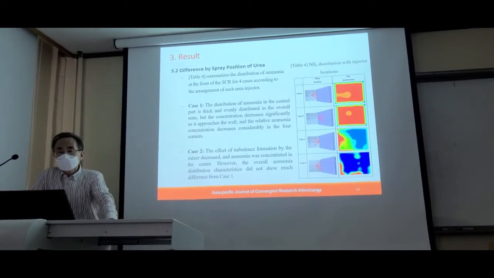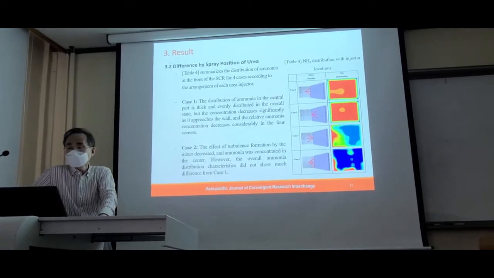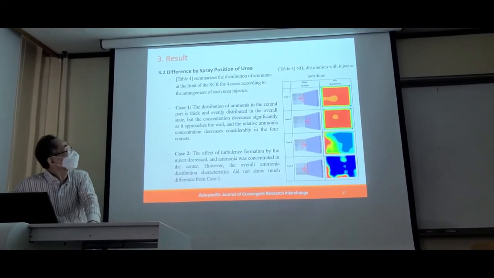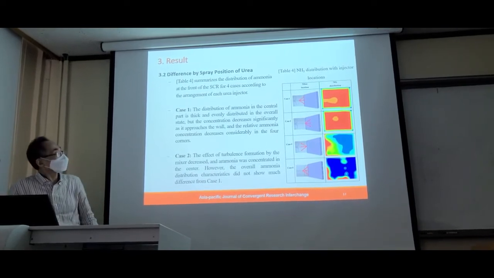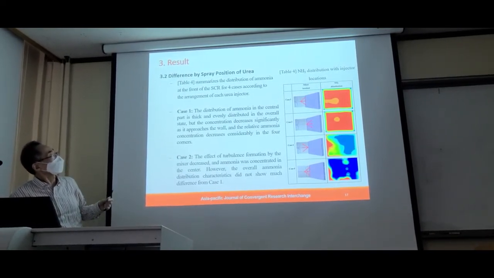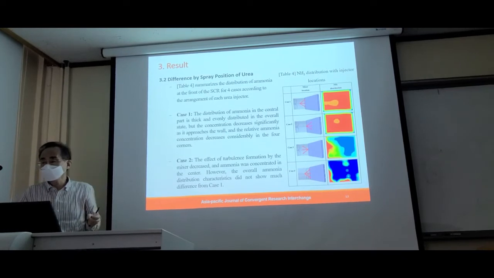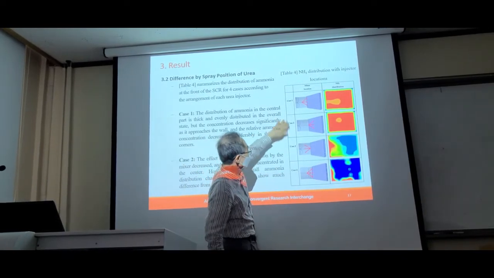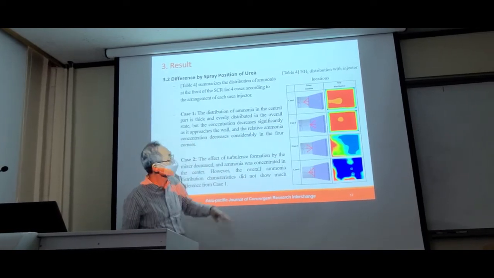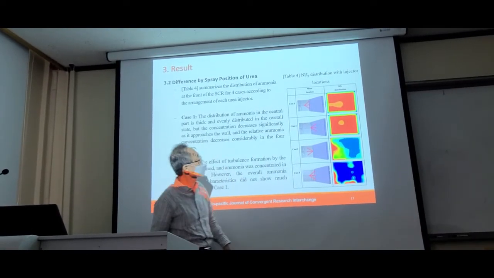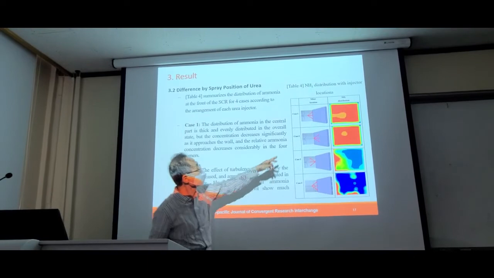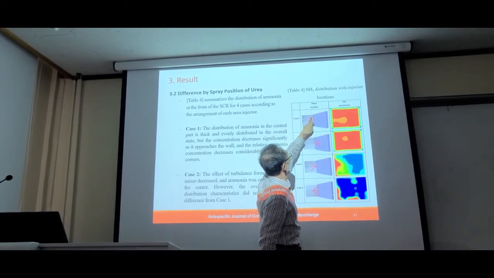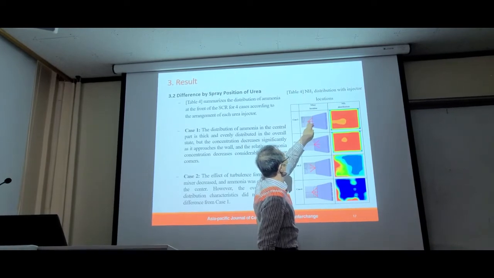Let's look at some other views of the difference by spray position of the urea. Which position is better? Sometimes we have two different cases here. We designated 4 different locations in this way. Another one here is the mixing, and this is the injector here.